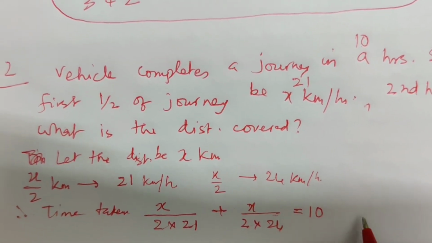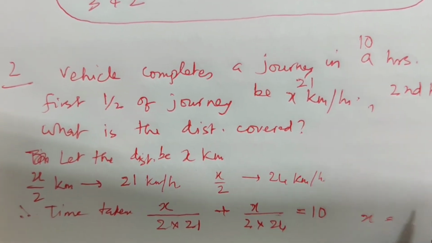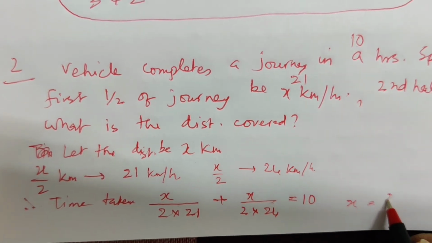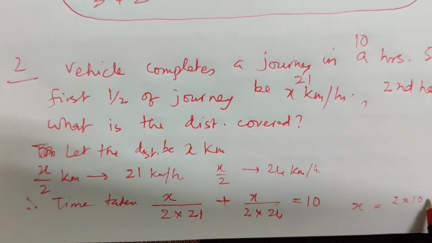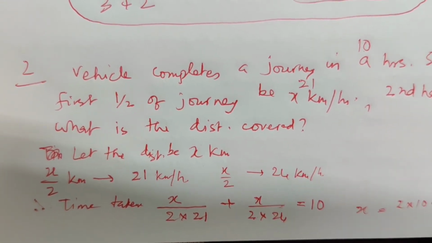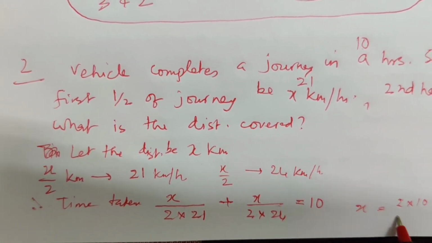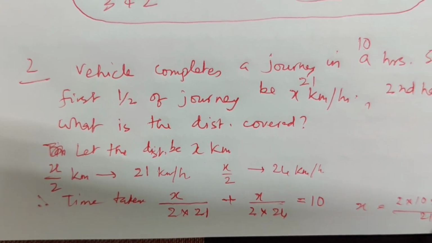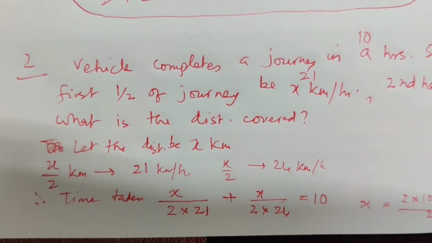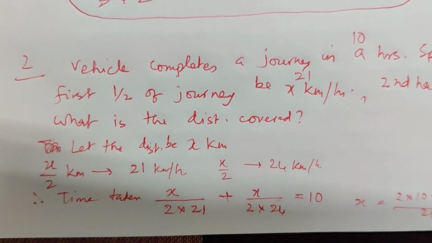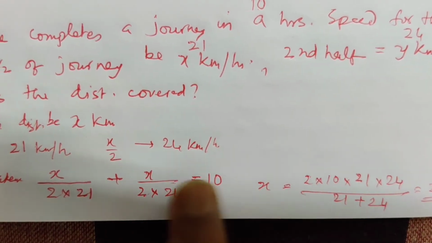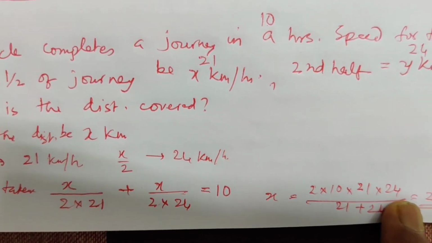So the value of x will be 2 into 10 into 21 into 24 by 21 plus 24, which is equal to 224. This is the answer which I have done in a hurry. This is your vast calculation.